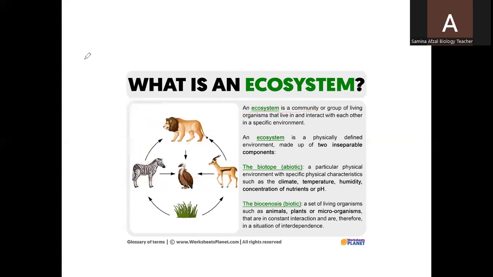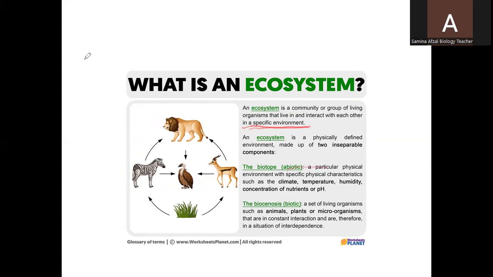Ecosystem. Ecosystem is a community or group of living organisms that live in and interact with one another in a specific environment. So you can say the ecosystem is the unit of environment, and it is made up of two components, the biotic components and abiotic components.